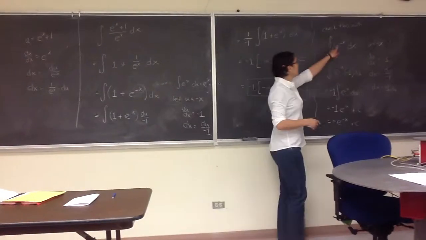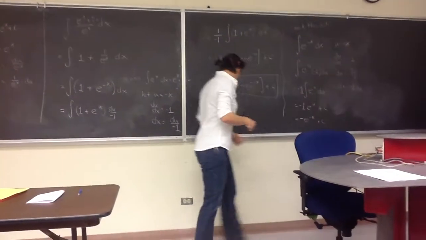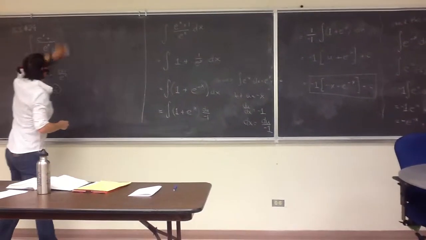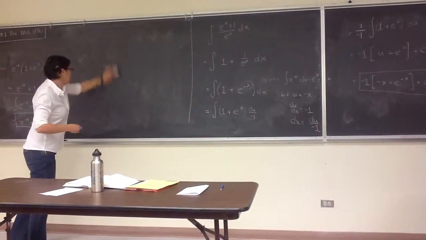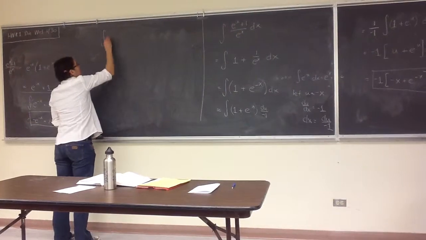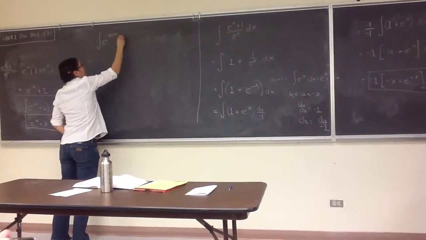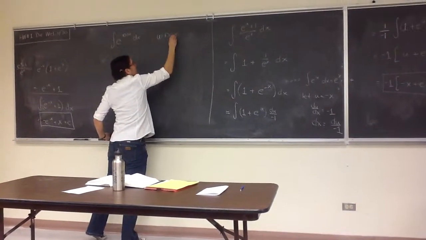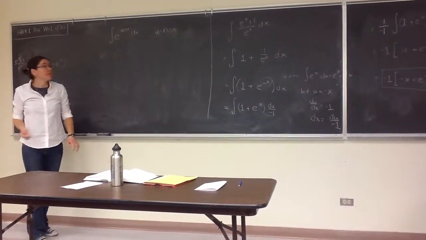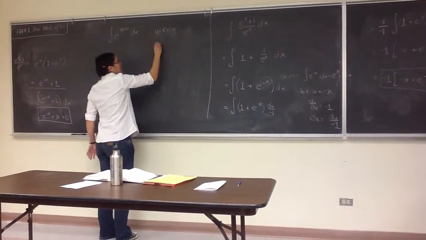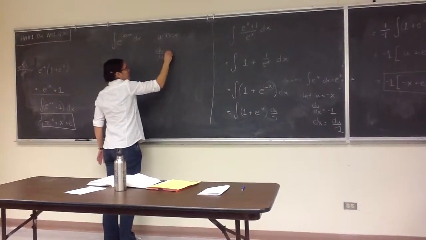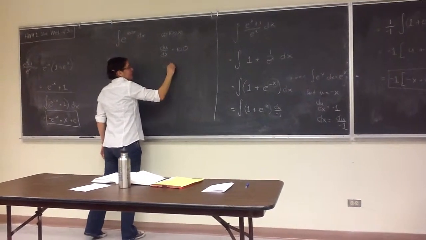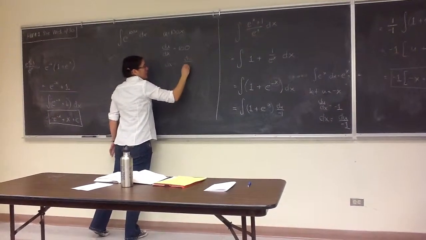So instead of the -1 up here, if we change that to a positive 100, the integral of e to the 100x dx. I do my u substitution. Let u be equal to 100x. My derivative, du over dx, will be 100, which means that dx is du over 100.